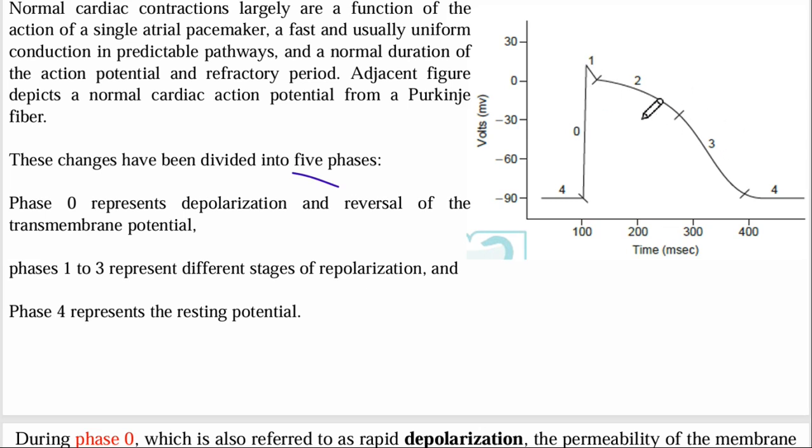Phases 1 to 3 represent the different stages of repolarization, and the 4th phase is the resting potential. According to these changes, drugs are prescribed to arrhythmic patients. So you just need to remember that phase 0 is depolarization, 1 to 3 is repolarization, and the 4th phase is the resting potential.